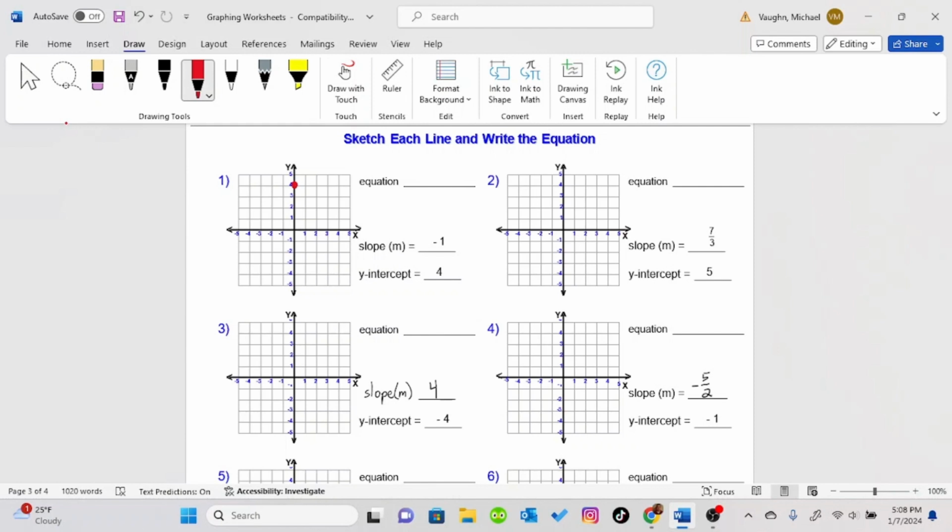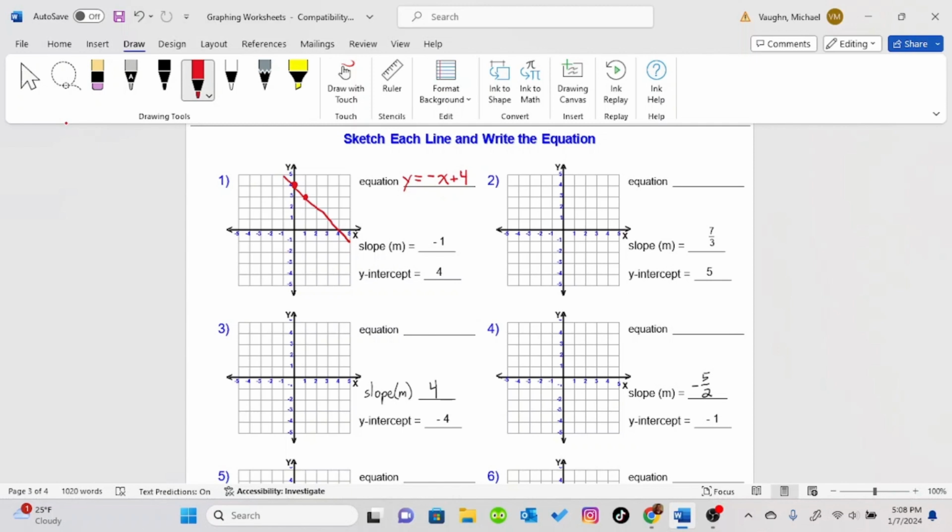That means to go down 1, right 1, and put our next point. Now we can sketch our line. And if we're writing the equation, it's y equals our slope, x, plus our y-intercept, 4.